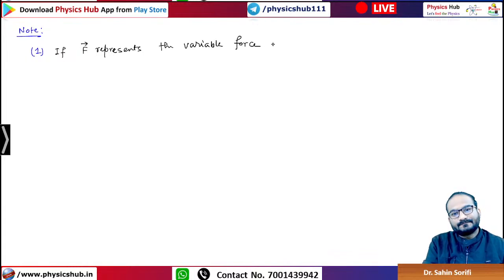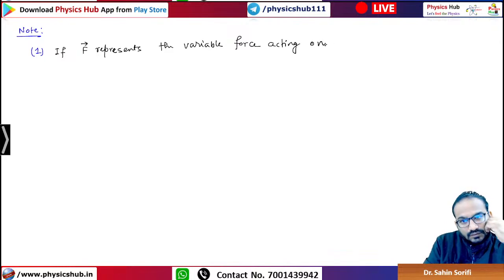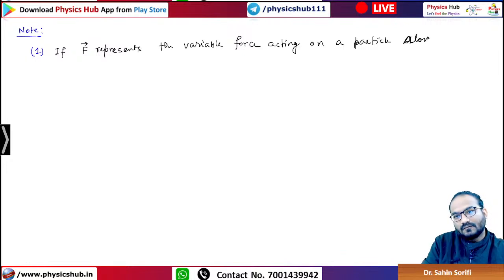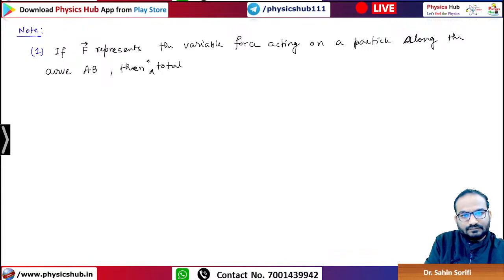The first one being, as I have already told you, if your function F represents the variable force acting on a particle along the curve, let's say AB, then the total work done is given by the line integral.